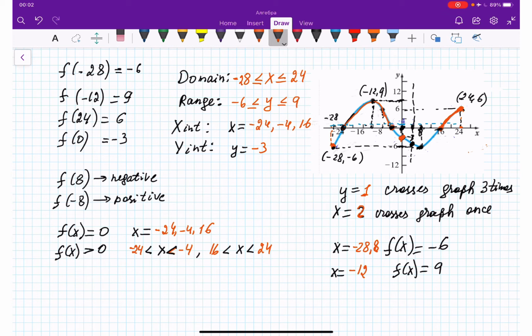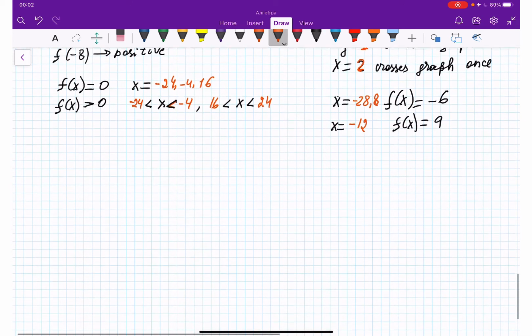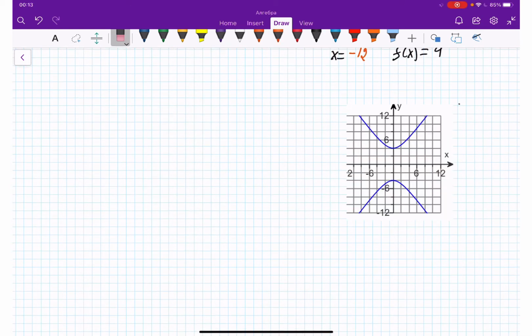Moving to the next question. Let's see what we're going to do. On this graph, first of all, we need to identify if this graph is a function or not. So let me write down: function, not function. Well, let's see how we're going to identify.